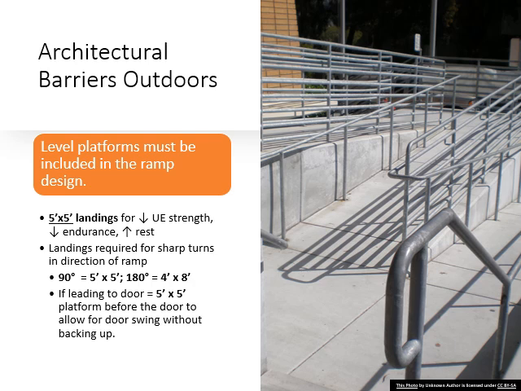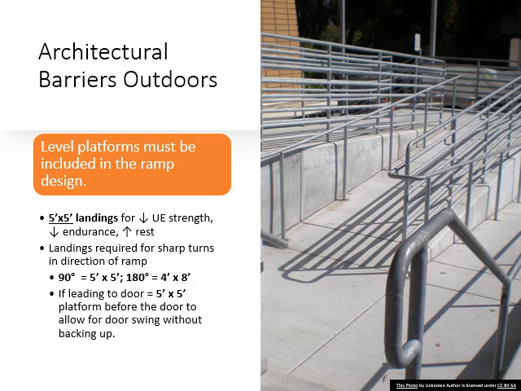One last thing that I want to mention about ramps is that sometimes ramps are very long, and they need to have breaks, flat areas or platforms where a person can turn and rest. Well, firstly, where a person can rest, but also to allow for turns, right? Because most ramps that are long are going to have these hairpin 180-degree turns that a wheelchair user needs to make in order to go up the next slope.